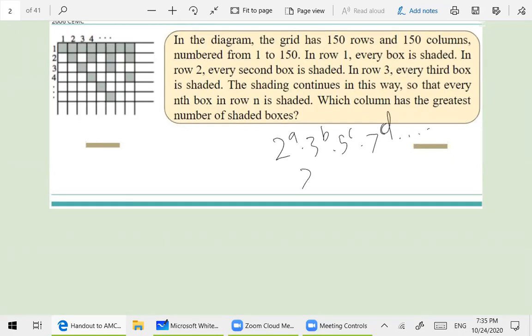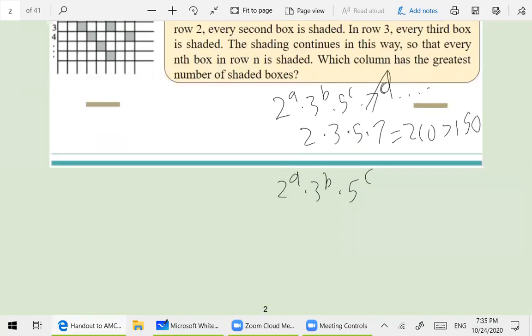But also 2 times 3 times 5 times 7 equals 210, which is greater than 150, so you cannot have a 7. So it's in the form 2 to the a times 3 to the b times 5 to the c. And so this just means we're adding on prime factors to 2 times 3 times 5, which is 30.